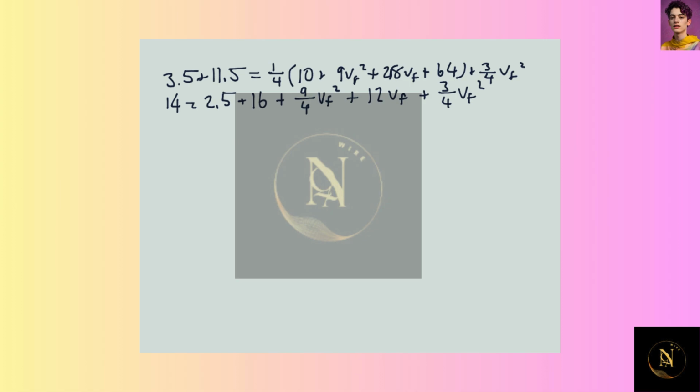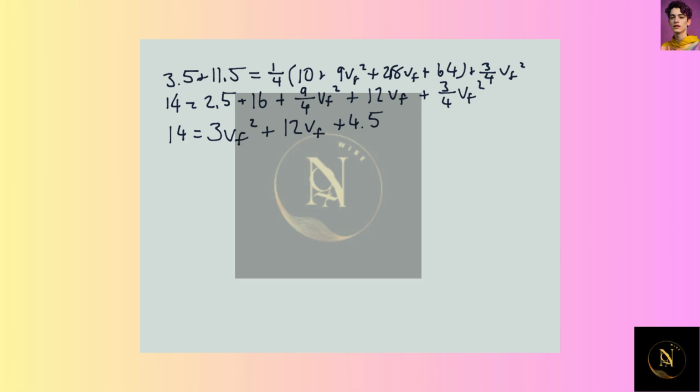What you'll notice is that the VF squareds are now both in terms of fourths. 9 plus 3 is 12 fourths. And of course 12 fourths is 3. So 14, if we combine all of these things, 3VF squared plus 12VF plus 4.5.